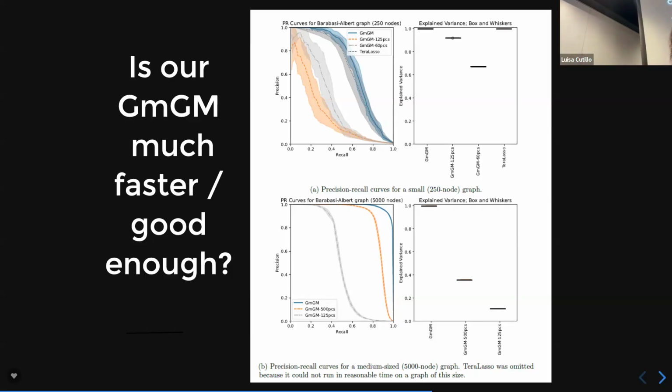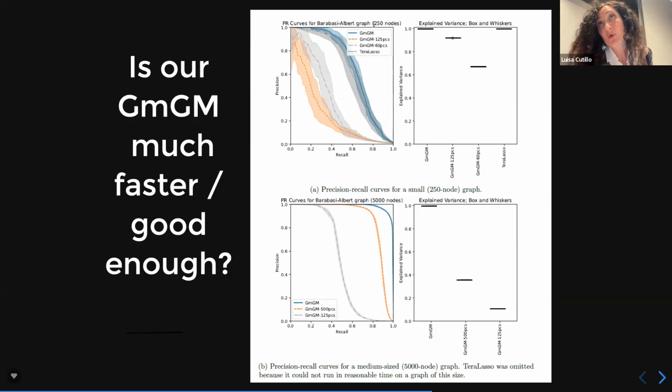Okay, and that's just to answer your question before, that's the variability, you see? The explained variance in the data with those components is given there. So you can see that even if we're not losing much, for example, with 60 or 125 components, the corresponding precision recall curves are mostly affected.